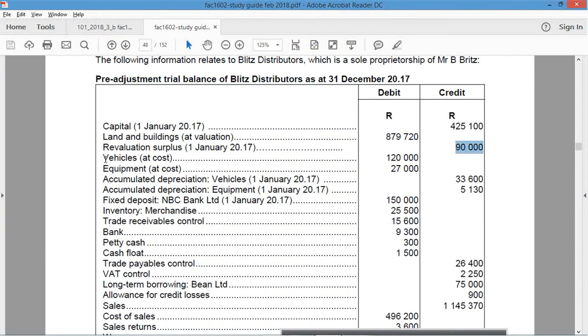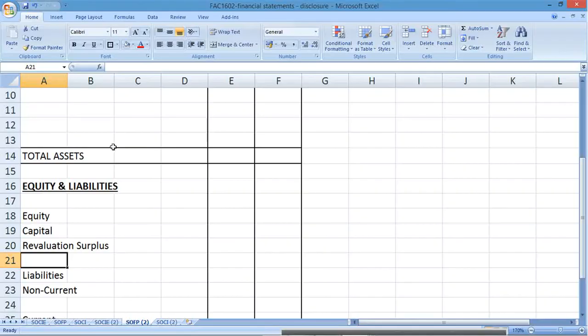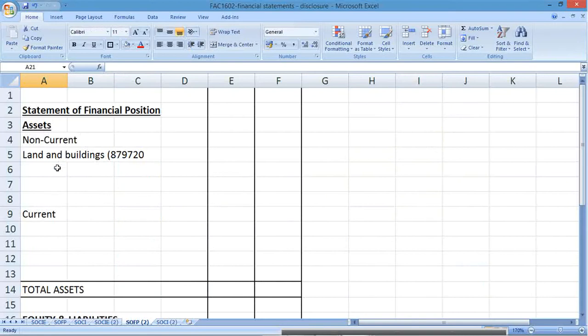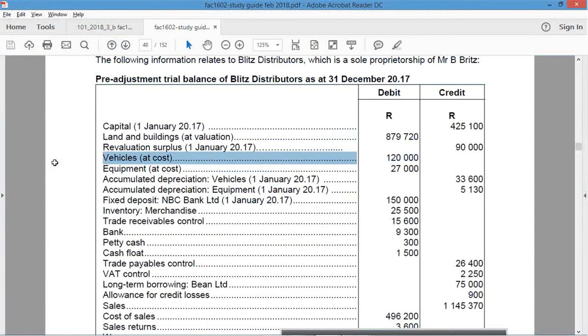And then vehicles is a non-current asset. So you insert first and I'll update mine. Okay, that's good. 120. Equipment, it's the exact same.